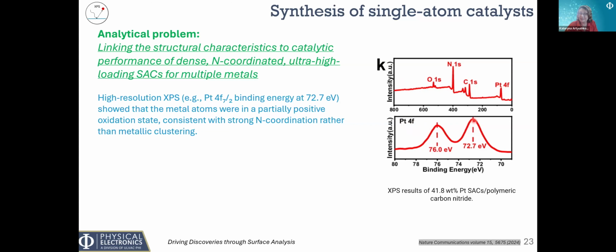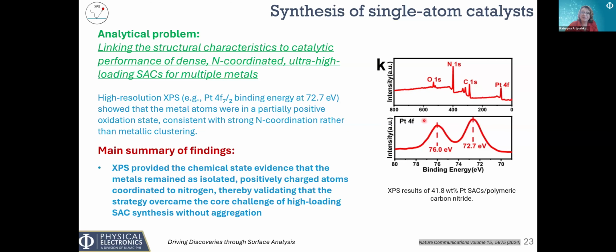So XPS in this case confirms, with chemical state evidence, that the metal is not being clustered. It remains as isolated atoms coordinated to nitrogen. Thereby, the authors were able to validate this synthetic strategy, addressing the challenge of high loading single atom catalyst without aggregation.